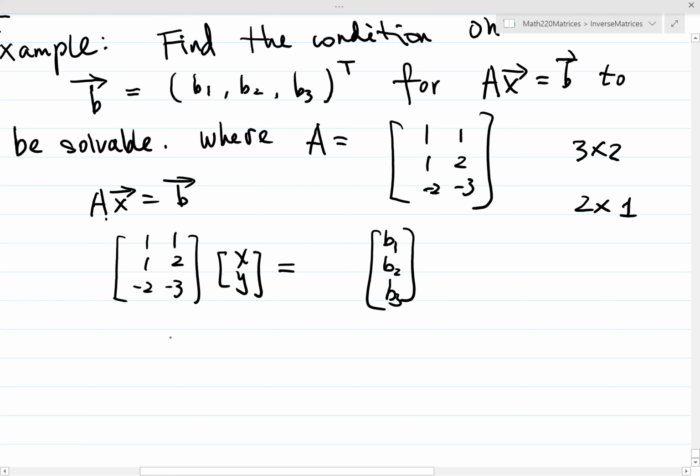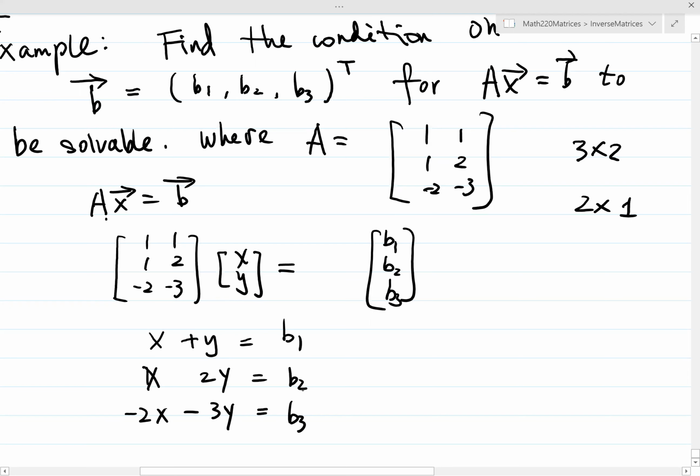If you write it in terms of equations, this will be x plus y equals B1, x plus 2y is B2, and -2x minus 3y is B3.